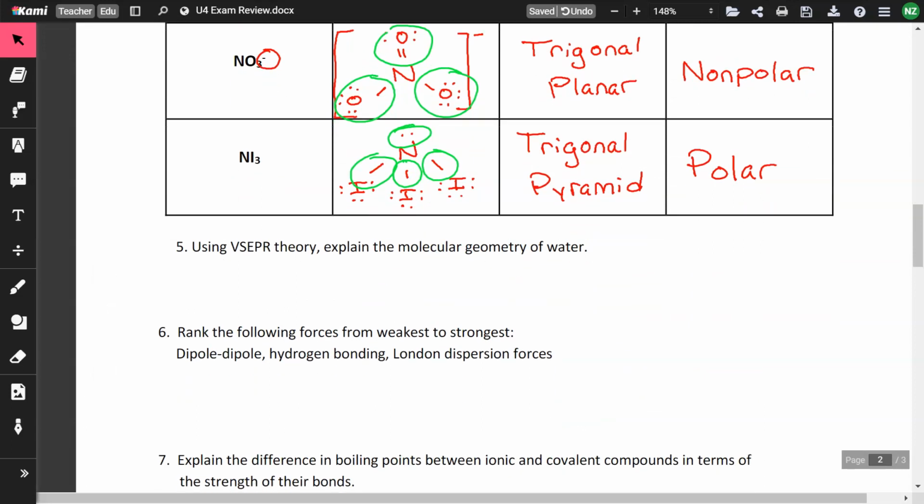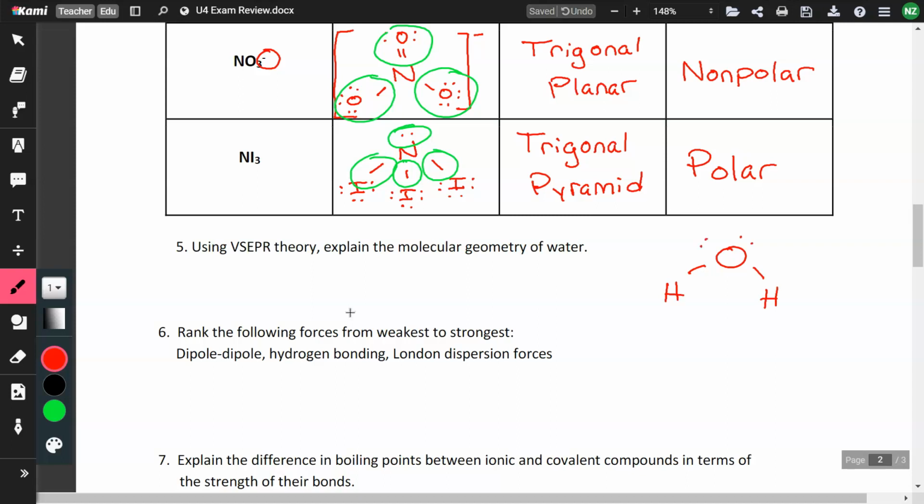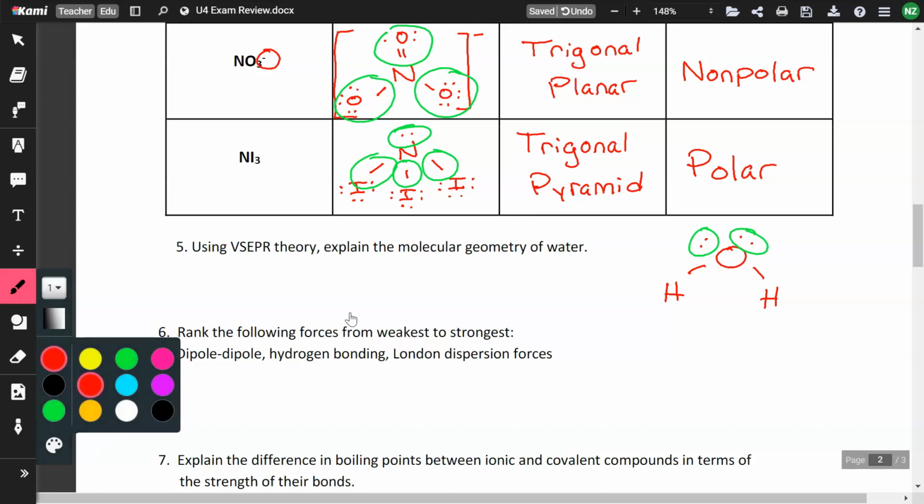Next one says, using VSEPR theory, explain the molecular geometry of water. Okay, so let's draw out a Lewis structure for this one. So the key thing to notice here is we have some lone pair on the central atom.